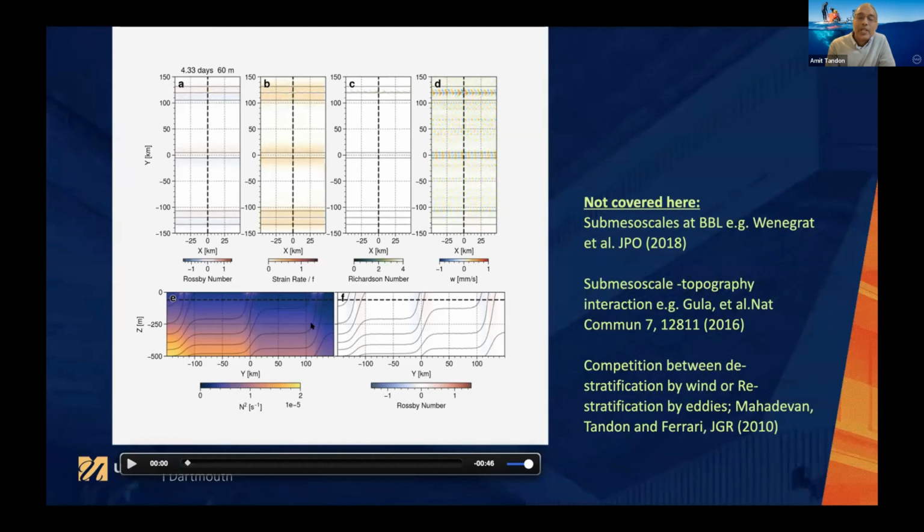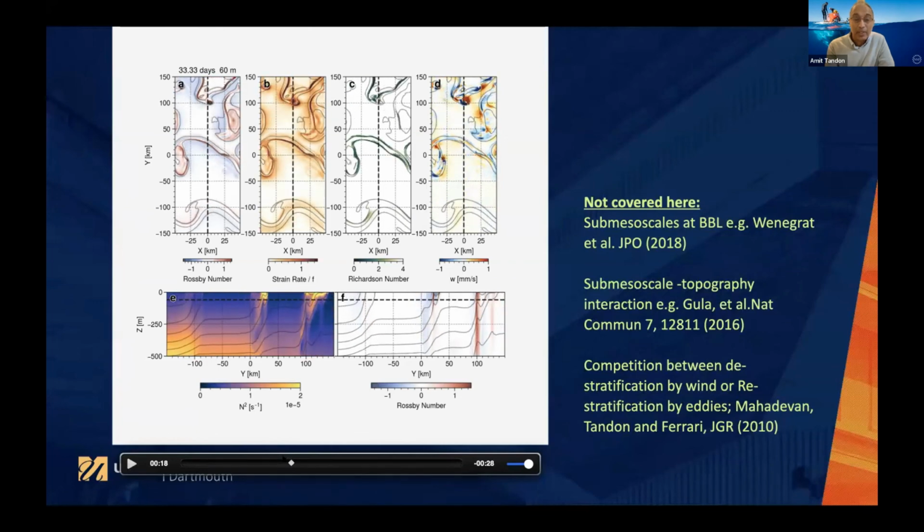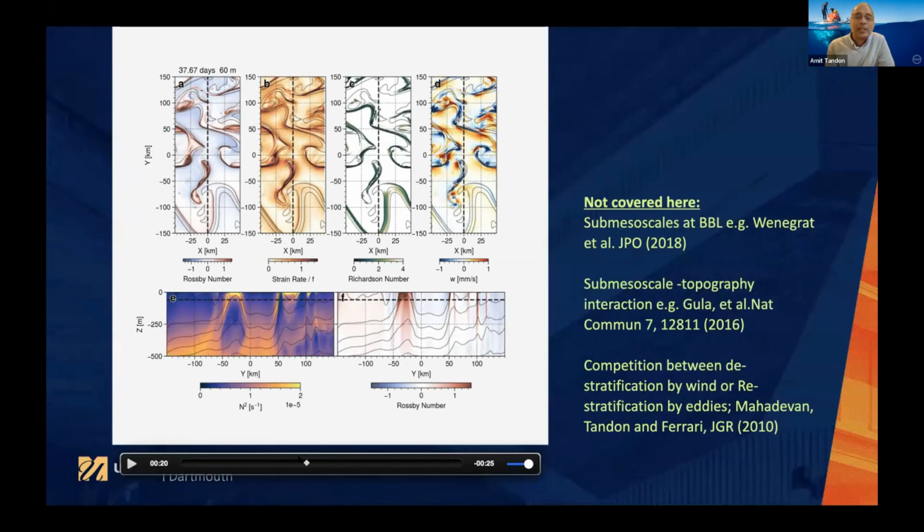So because of that mixed layer depth squared dependence, the ageostrophic baroclinic instability appears first in the northernmost front, then in the middle one, and then in the southern one. That's the answer for why you see the sequence of instability, and you see these beautiful features. All right, I'll stop there.